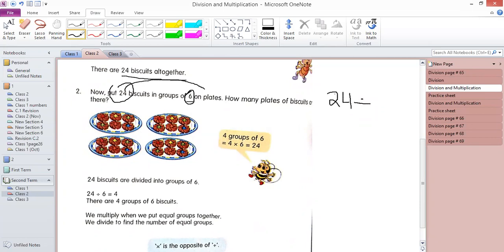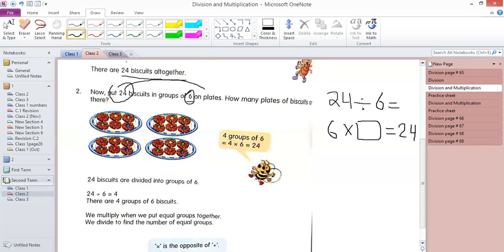The next thing you have to write is the division sentence. In one group, or in one plate, you have to put 6 biscuits. So you will write 6. The next is equals to. And then you will check the table of 6. 6 multiplied by what will give you 24?